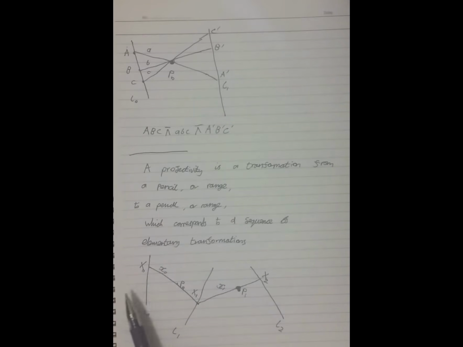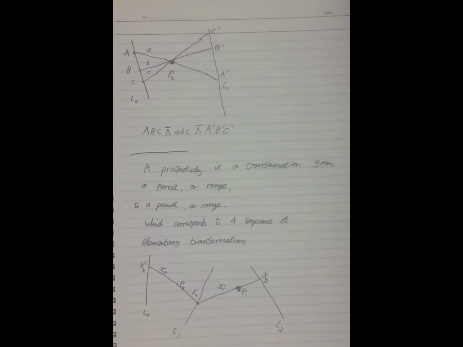Every elementary correspondence has to be between objects of different types, points and lines. If we do an even number of them, we'll end up mapping the same type to the same type, as in our projectivity will be, say, from a line to a line, or from a pencil to a pencil. But also we can have projectivities where we just do an odd number of elementary transformations or elementary correspondences.